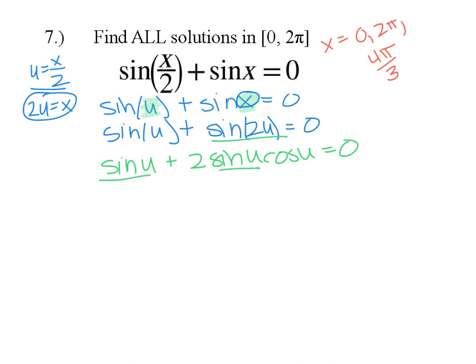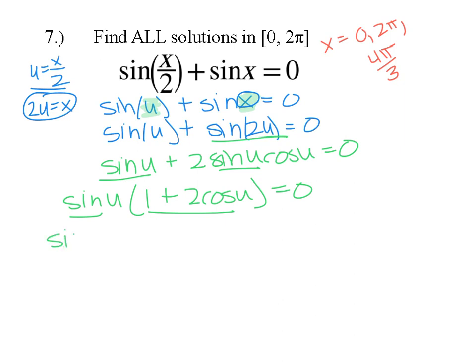And these have a sine in common, so we can factor. So sine of u times (1 plus 2 cosine u) equals 0. And then we take sine of u and 1 plus 2 cosine u and set both of those equal to 0. Now, the only thing we have to remember then is that u is equal to x over 2.